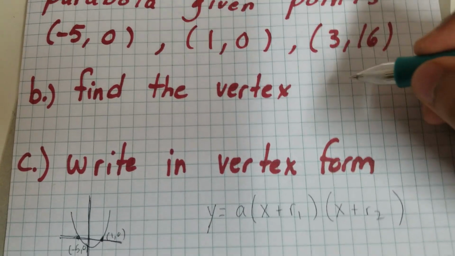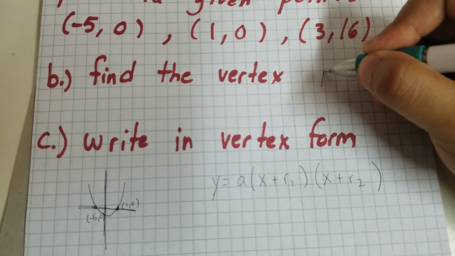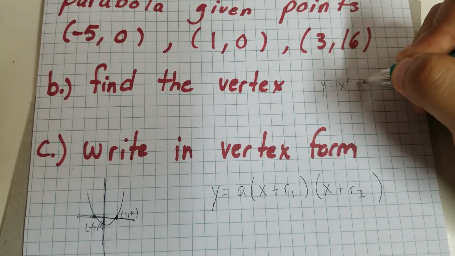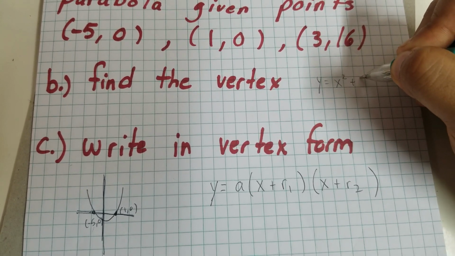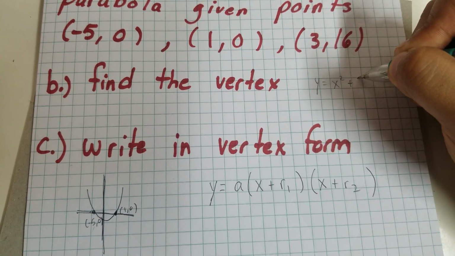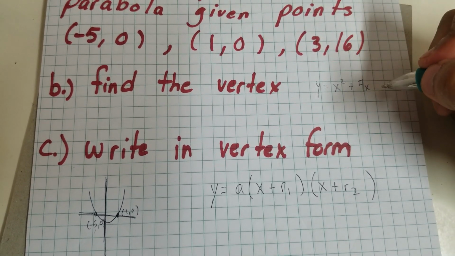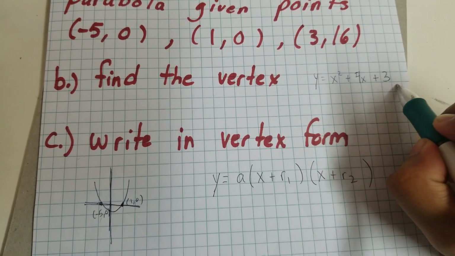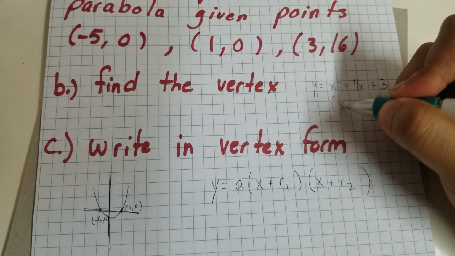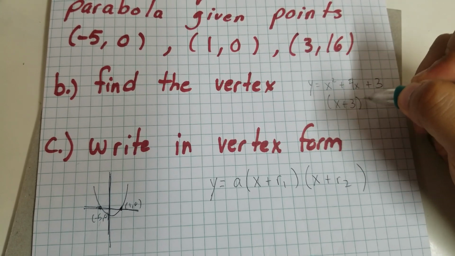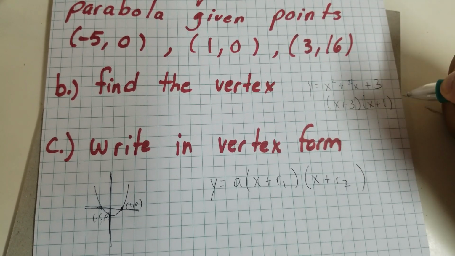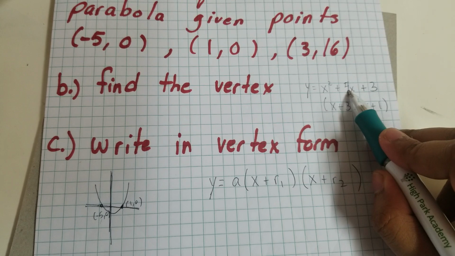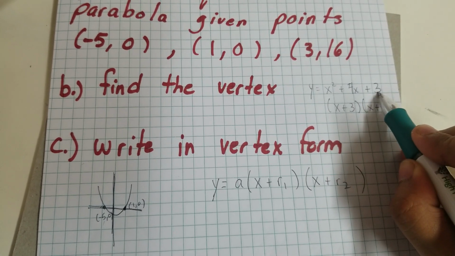To give you an example, if I write y equals x squared plus 4x plus 3, I need two numbers that add to this and multiply to that. So that's going to be x plus 3 and x plus 1, because 3 plus 1 is 4, and 3 multiplied by 1 is 3.